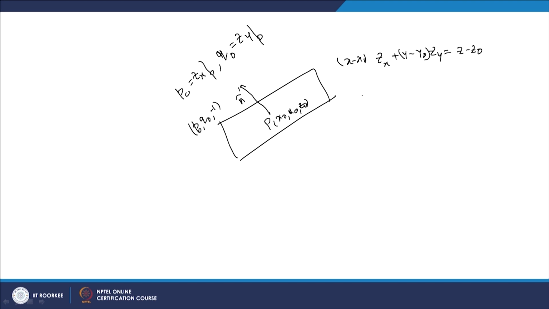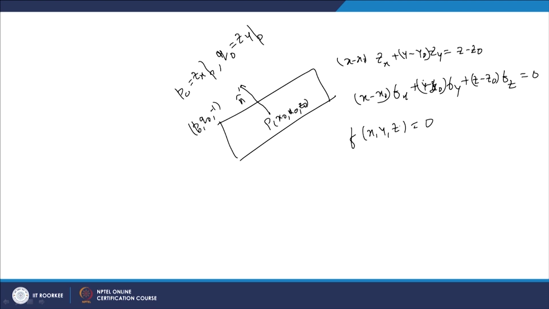In fact, you can always write it like this: (x minus x naught) f_x plus (y minus y naught) f_y plus (z minus z naught) f_z equal to 0, if your equation is given as f(x, y, z) equal to c.